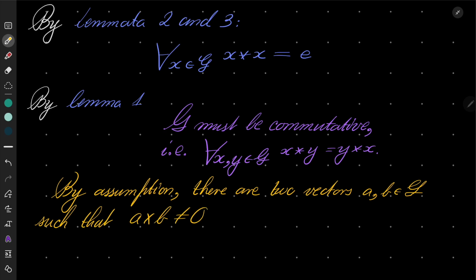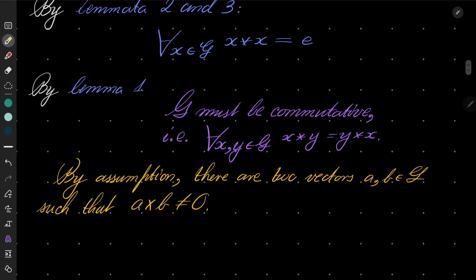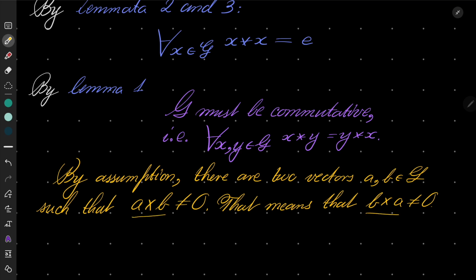It was our assumption for the lemma to the contrary, yes? That means that B cross A is also non-zero. Well, because this vector and this vector, they are opposite vectors. So if one is non-zero, the other one is also non-zero.